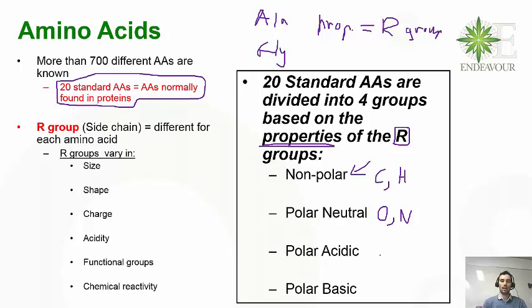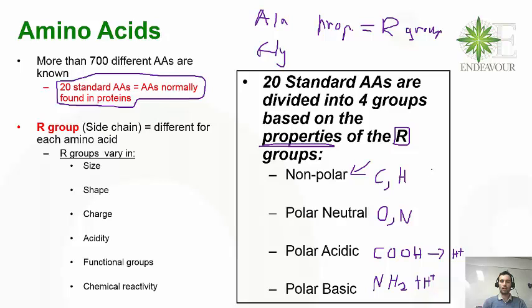If it's an acidic group, it's going to contain a carboxylic acid group, and that carboxylic acid group can act like an acid, so give away its H+. And if it's a basic group, it's going to contain an NH2, which can gain H+. We'll see the consequence of this on the coming slides.